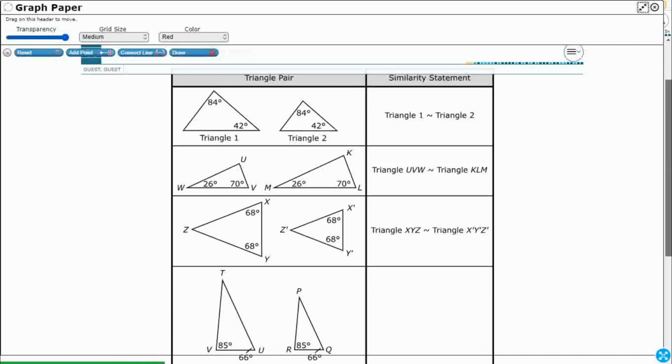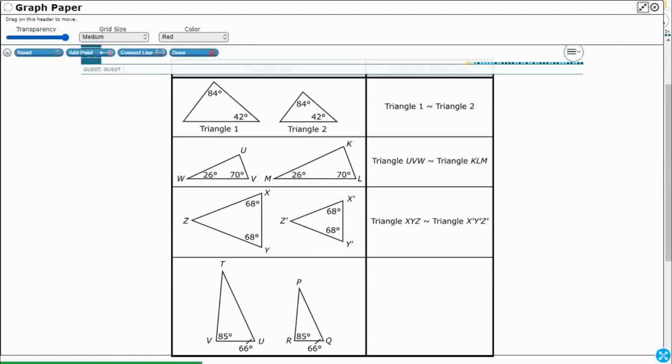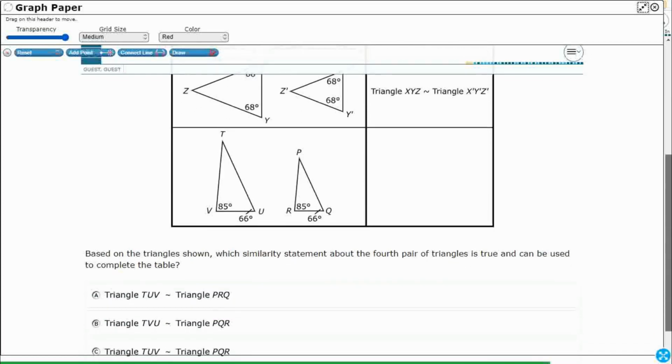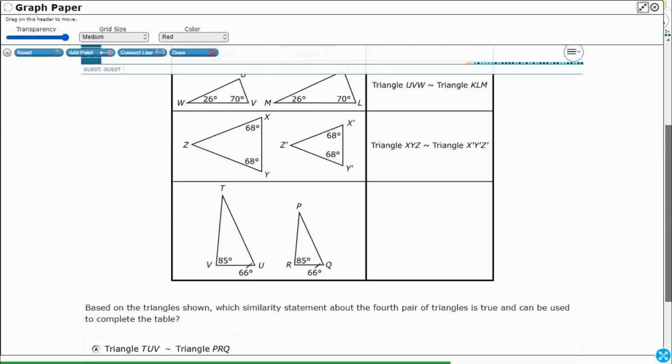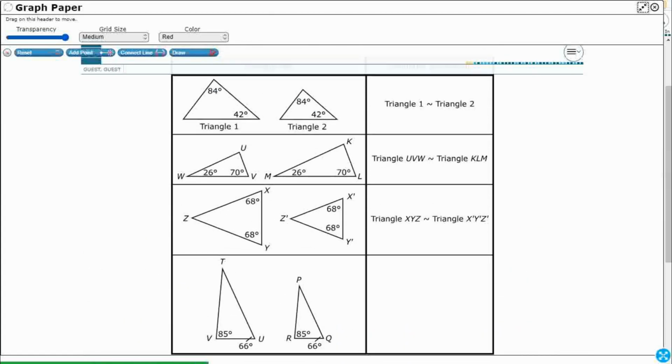But then in the second pair we've got the UVW and the KLM, the XYZ, and the X prime, Y prime, Z prime. So we're missing a similarity statement here for this 4th one, and all it is just different iterations of the TUV and the PRQ. So we need to learn something from these top 3 in order to help us with that bottom one.